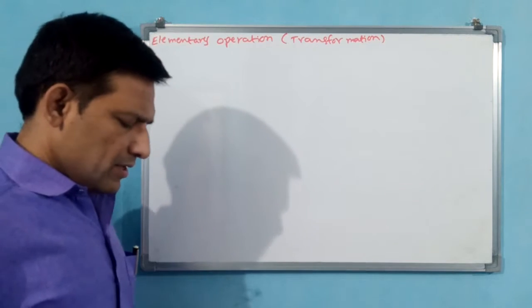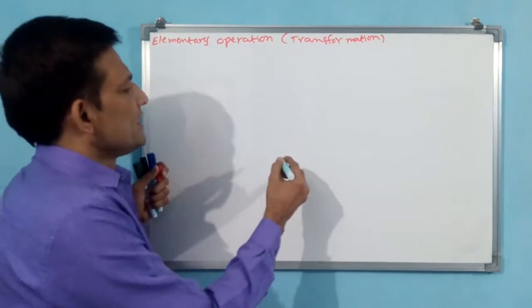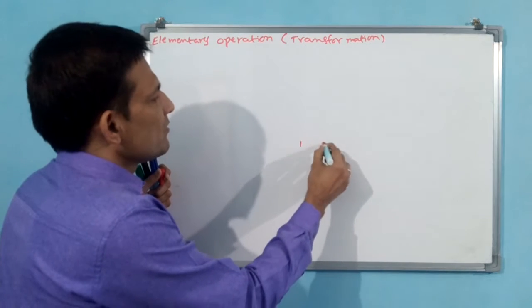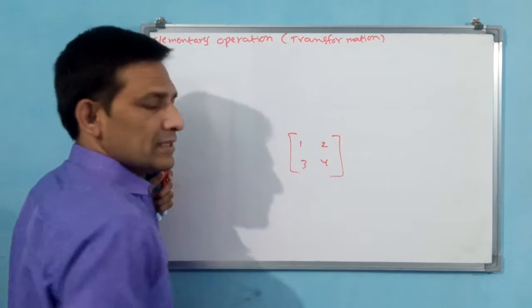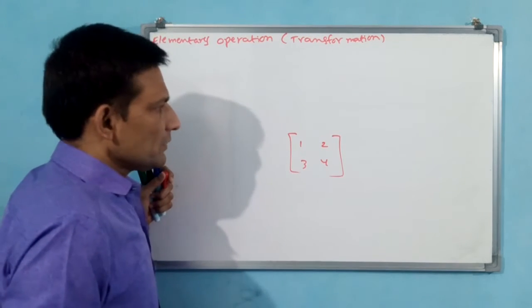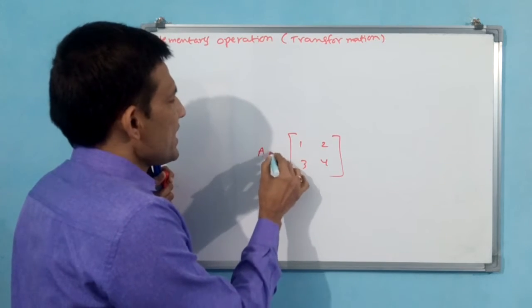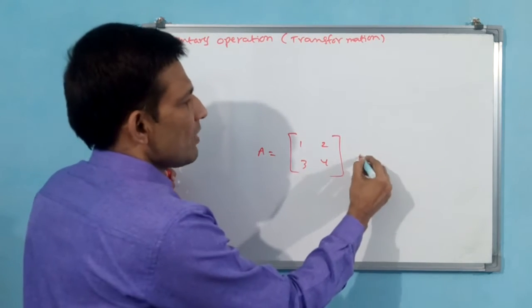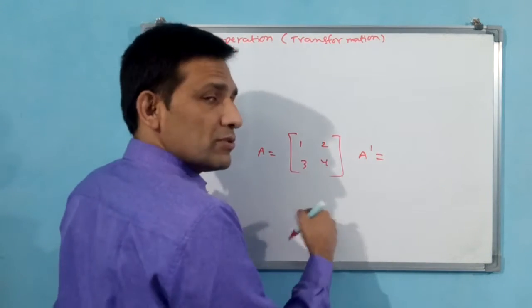We have seen earlier in properties, say one matrix is there like 1, 2, 3, 4. This is a matrix. If it is A, then for transpose, A transpose, we have changed rows into columns.